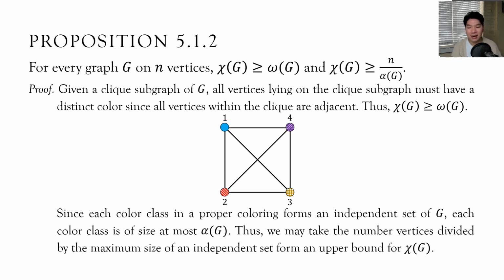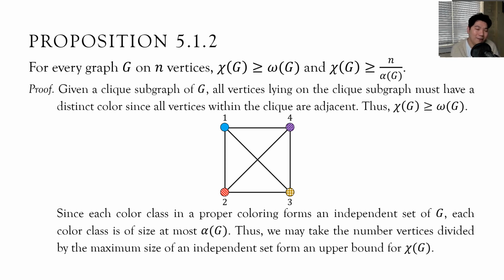So whenever I take the number of vertices divided by the maximum size of my independent set, that is alpha of G, this should form a lower bound for the chromatic number. And that finishes our second part of this proposition. So we have this here. In other words, we found some very quick lower bounds on my chromatic number.